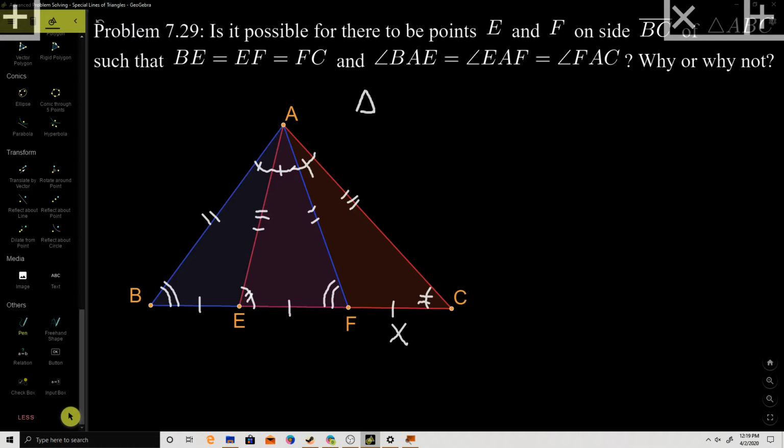We have that triangle ABE is congruent to triangle AFE, which is also congruent to triangle AFC, by side-side-side.